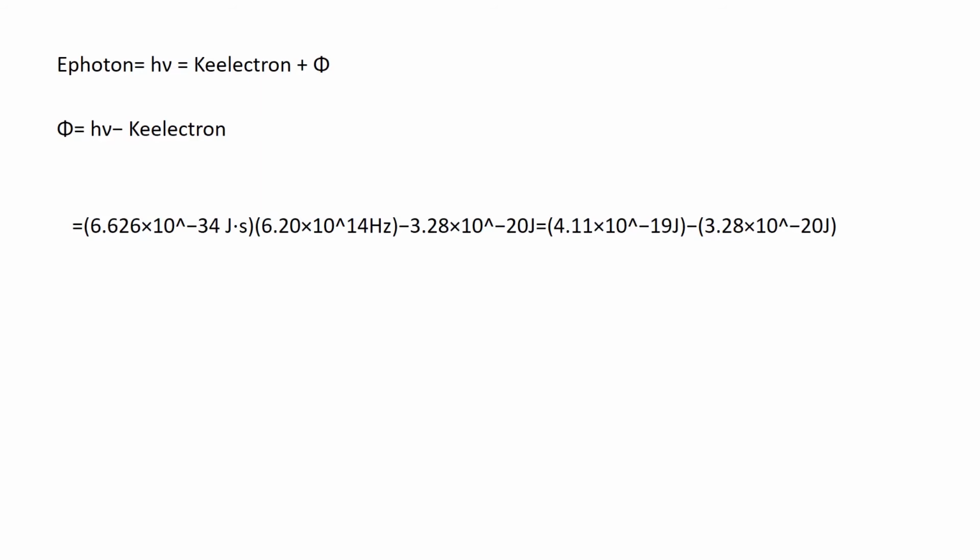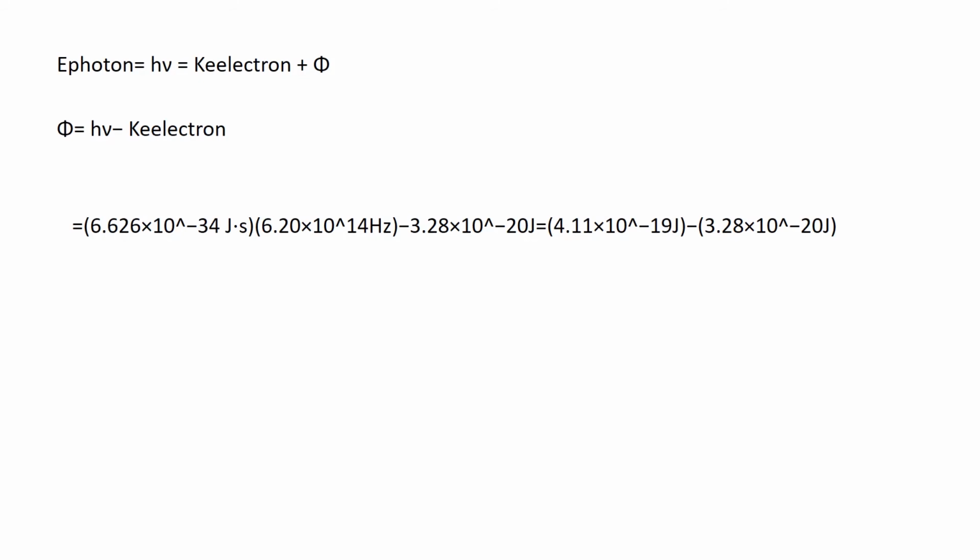All we have to do now is to rearrange the equation. Since we are looking for the work function, we have work function equals hv minus kinetic energy of the electron. We can plug in our known values for frequency and the kinetic energy of electrons to calculate the work function.